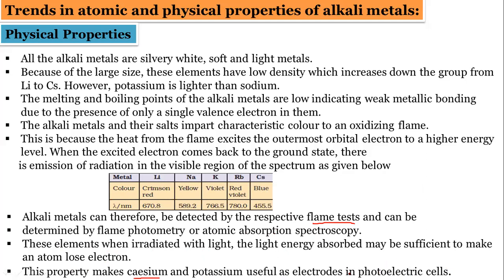When light is passed on these elements, they absorb the light energy, and the outermost electron can be excited. So this property makes cesium and potassium useful for electrodes in photoelectric cells. Remember, this can also be asked as an MCQ in competitive examinations.